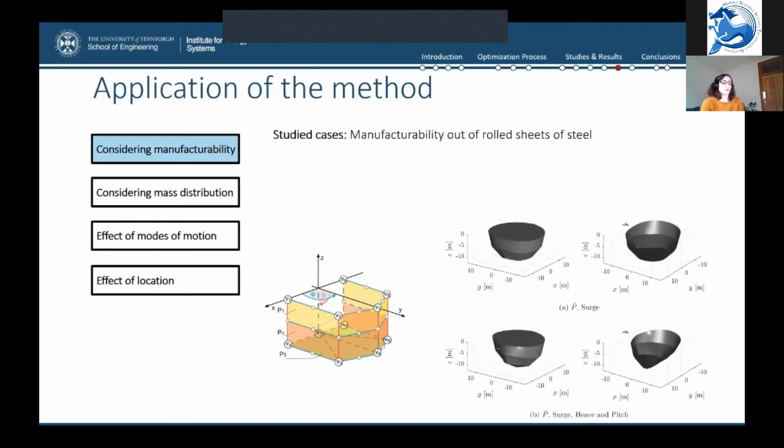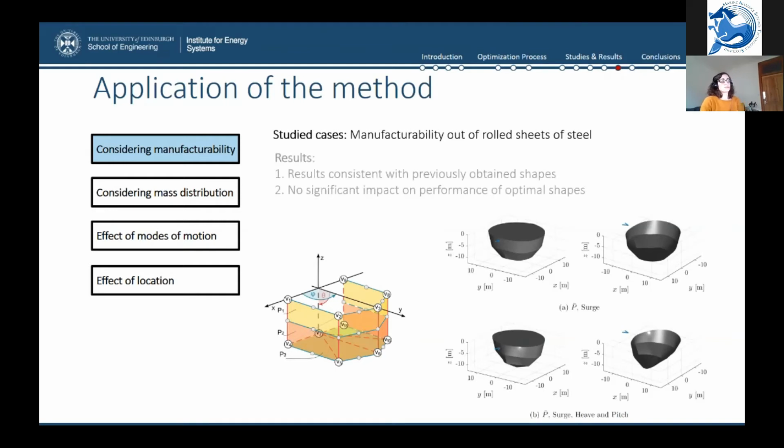And so the geometries that you can see on the screen are optimized to maximize power only, extracting energy in surge only or in surge, heave, and pitch. And what the results showed me was that they were consistent with the previously obtained shapes. The shapes overall were similar, and there was no significant impact on the performance of optimal shapes.